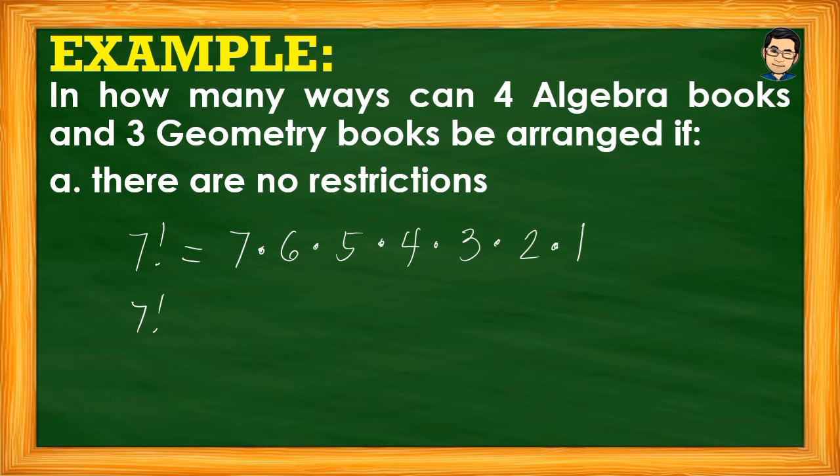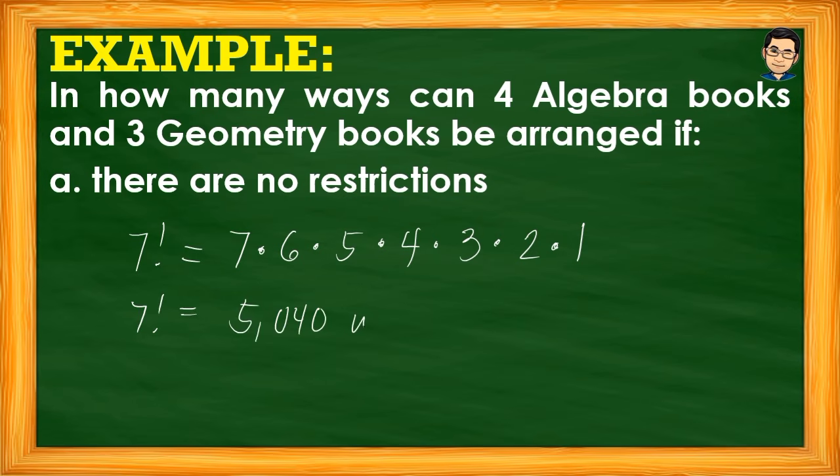So, kapag there are no restrictions, i-add lang po natin yung mga bilang ng objects. So, 4 plus 3 is 7. So, 7 times 6 is 42, times 5, 210, times 4, 840, times 3, 2,520, times 2, 5,040, times 1, 5,040.